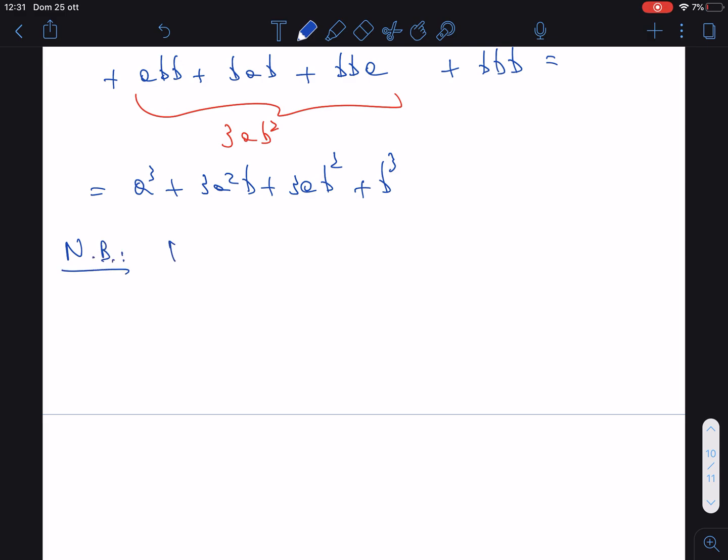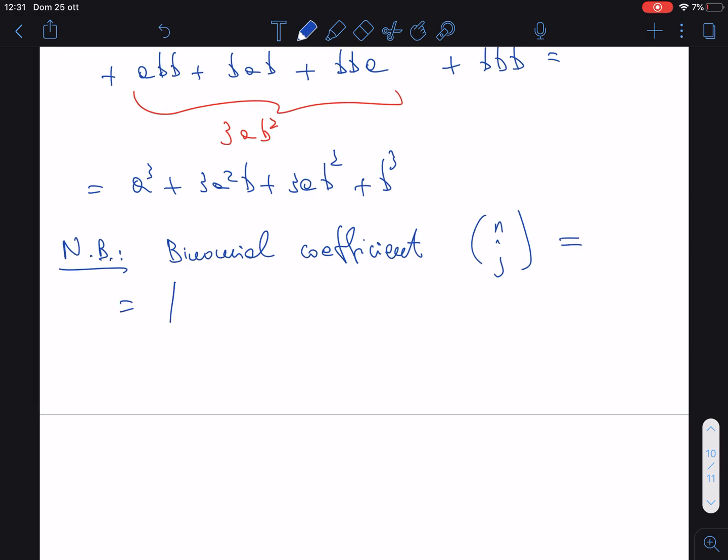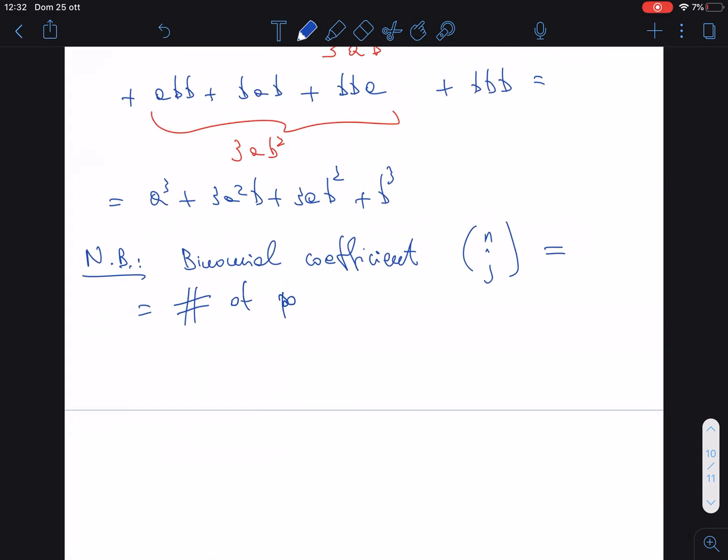A binomial coefficient n over j is nothing but the number, the number is made with a sharp musical. I don't know why, but it's a sharp. In international language it is the number of possible choices that give a to the power n minus j, b to the j.